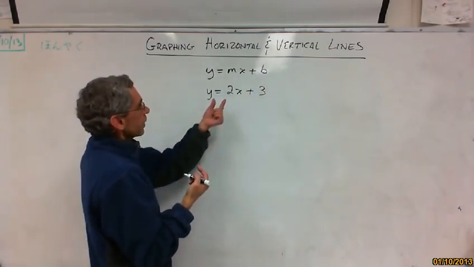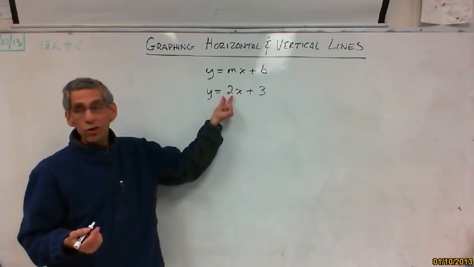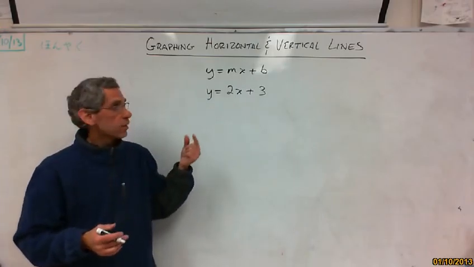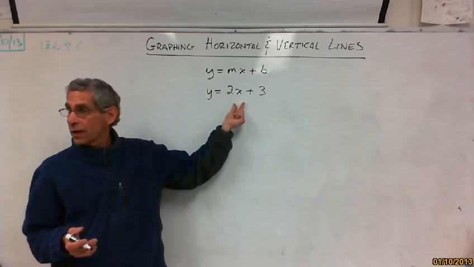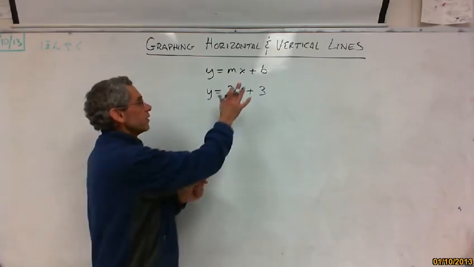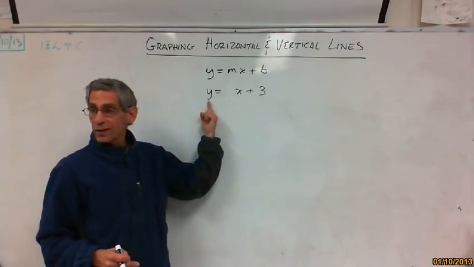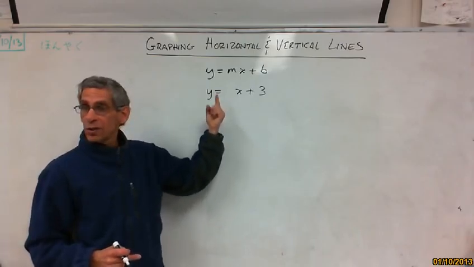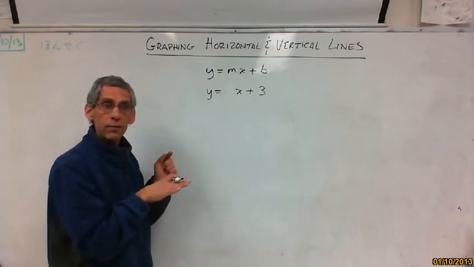Because there's an x and a 2 in front of it, there's going to be constant variation. Y is going to change every time you have a new x. Even if I didn't have the 2, it would be 1x plus 3. Y is going to change each time I change the x, so it's always going to be sloping upwards or downwards.